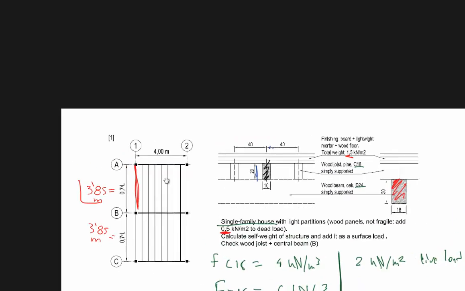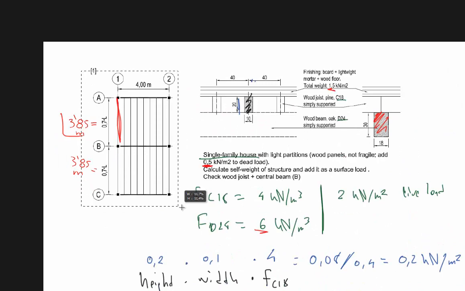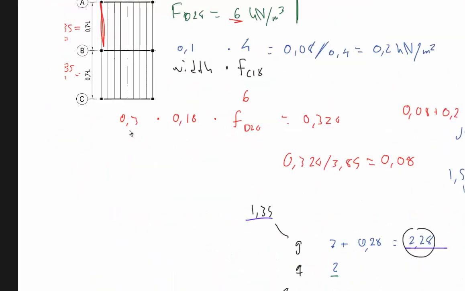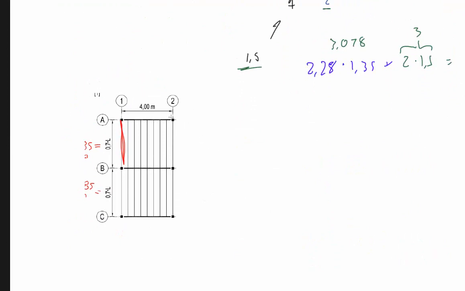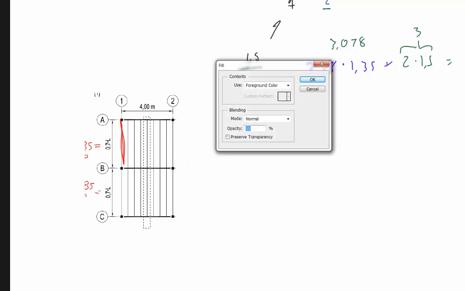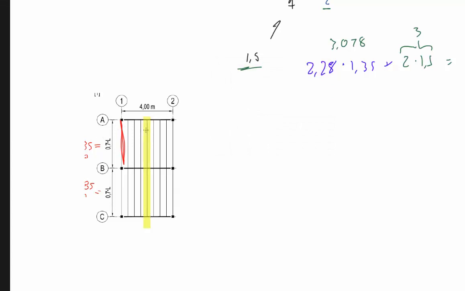Now we have this. Let me zoom and copy that. That's not the smoothest way to do it, but okay. We want to see how much load is on one of the beams. The whole area would be like this, placed like this, with half on the ones on the side. So you take this part as one of a whole area.